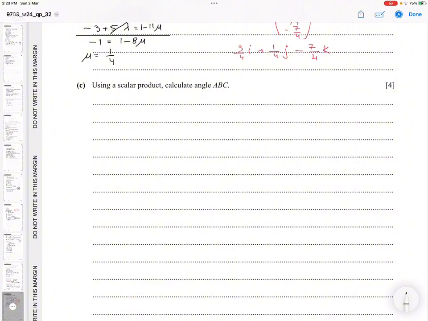Using a scalar product, calculate angle ABC. So BA dot, means multiply, BC equals magnitude of BA into magnitude of BC cos of theta.